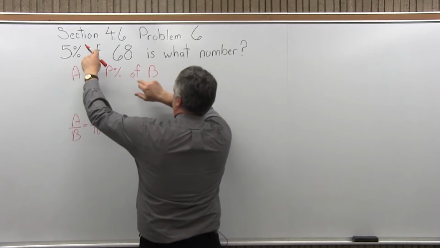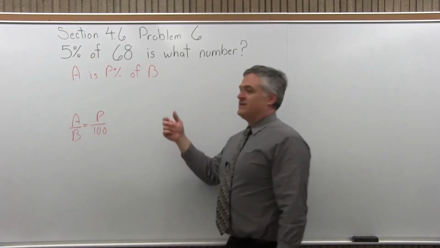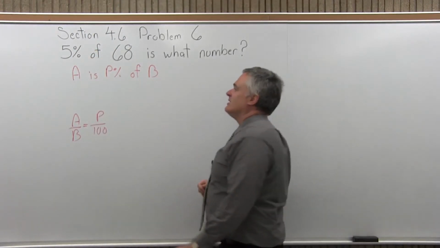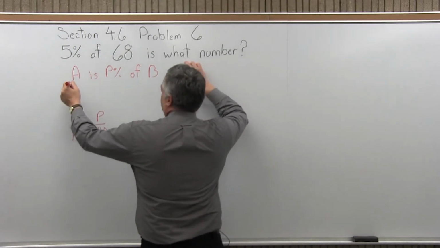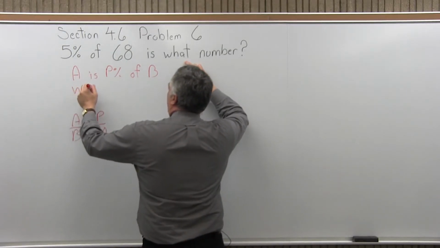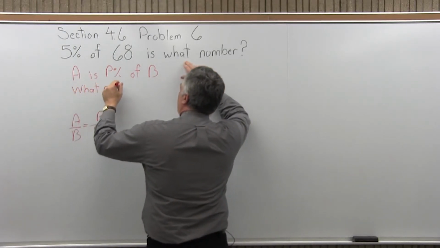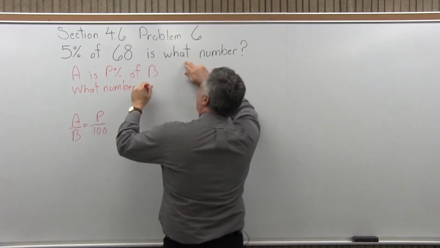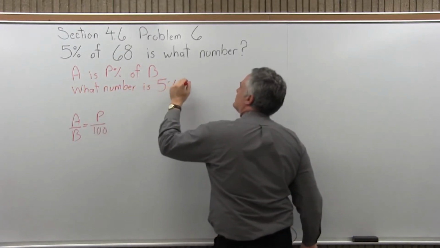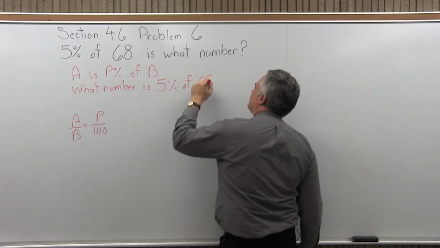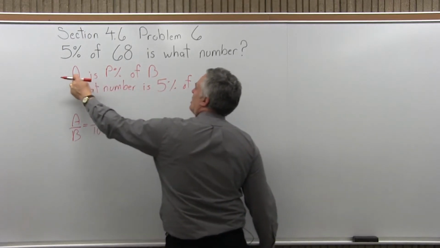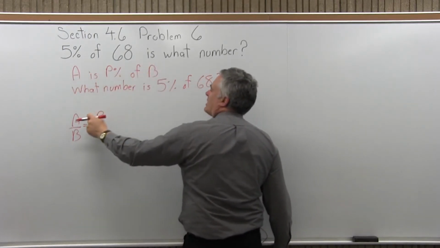That's what's going to come first. The of can't be moved. It has to be near the right end. So we can write the same sentence by saying what number is 5% of 68. That says the exact same thing, but it's organized in a way now where we can use the system.